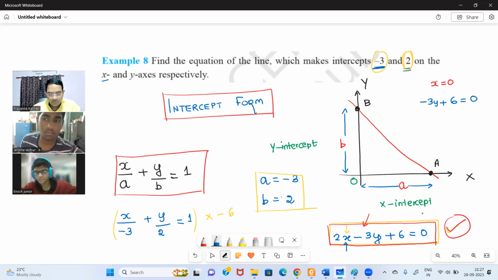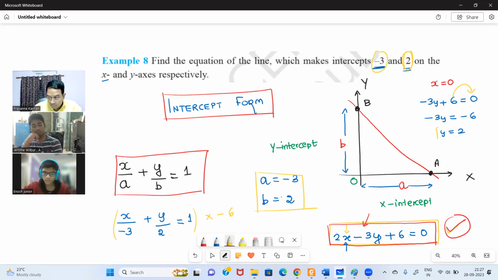It's the minus 3y. So if I take the 6 to this side, what will I get? Minus 3y is equal to minus 6. So 3y is equal to 6. Y is equal to what? Y is equal to 2. So I'm getting the y-intercept as 2. Got it?